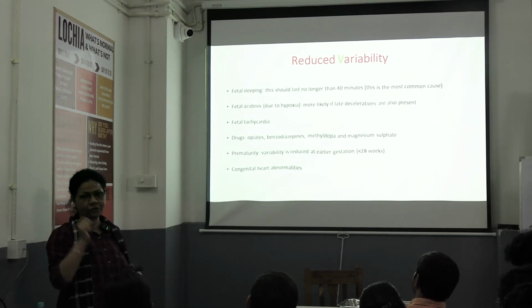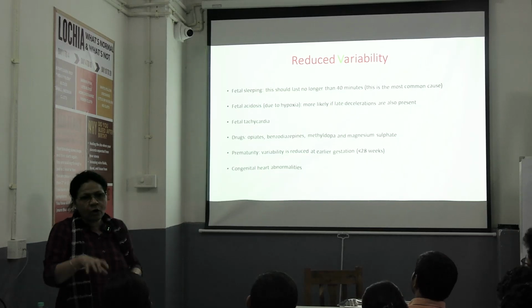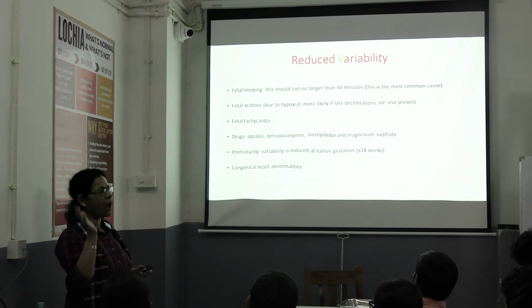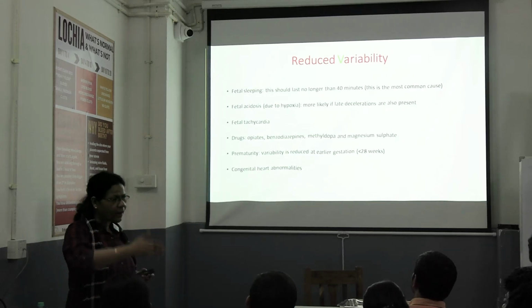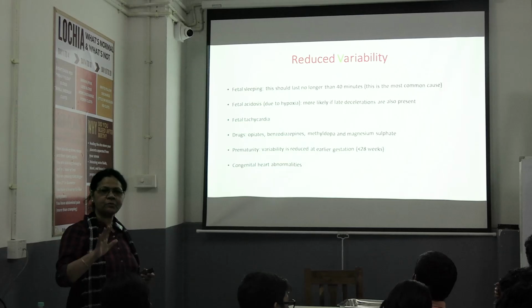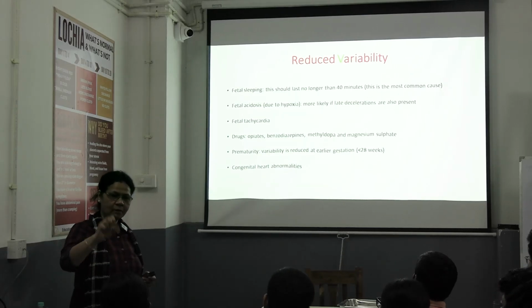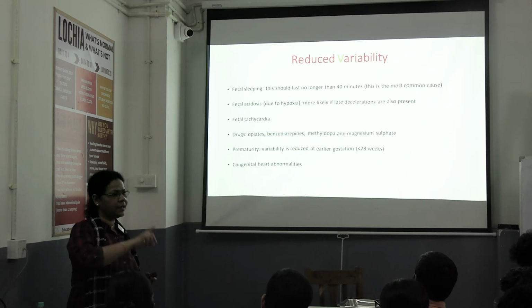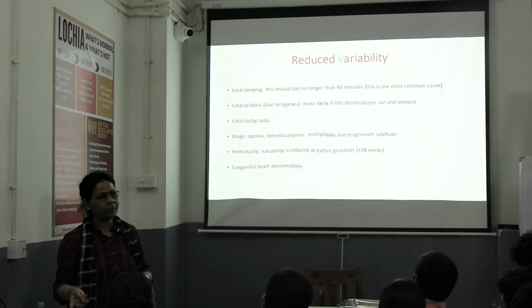So this is a double-edged sword. You want to take out the baby. You want to hasten the process. And in the process, you are creating more harm than good. So this is where your balance will be present. As a good obstetrician, you have to retrieve the baby in good health without jeopardizing mother's health or baby's health.